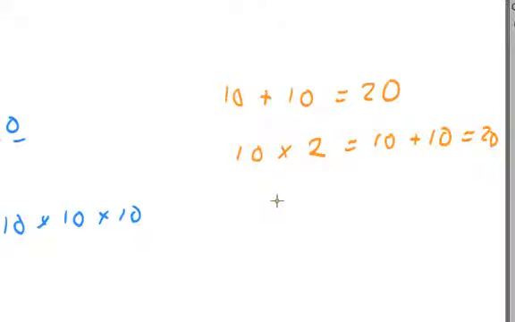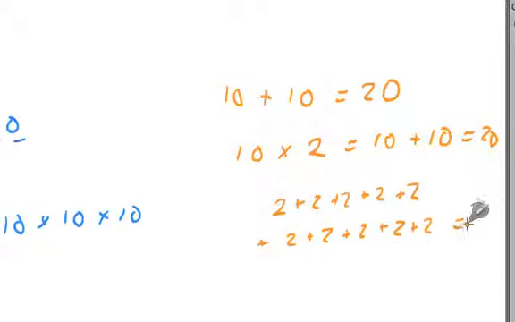Or you could do it another way. You could say 2 plus 2 plus 2 plus 2 plus 2, 1, 2, 3, 4, 5, plus 2 plus 2 plus 2 plus 2 plus 2 equals 20. So we can say 10 times 2 is 10 twice, or 10 times 2 is 2 ten times. Either way we get 20.